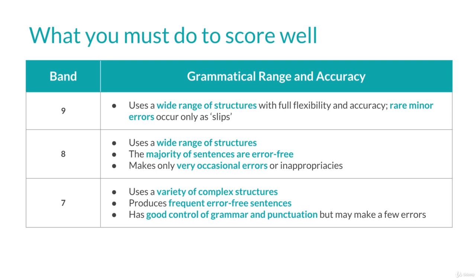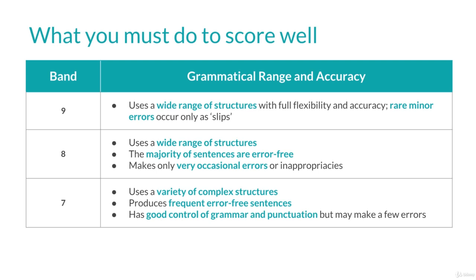You have to use different types of conjunctions in your writing, maybe use some relative clauses, some passive voice, and maybe a wide range of tenses. Now, in your writing, you don't have to use all the structures that are available to you. You just need to show enough structures to show that you have command over the English grammar. All right, so we'll discuss more of that in the future videos.